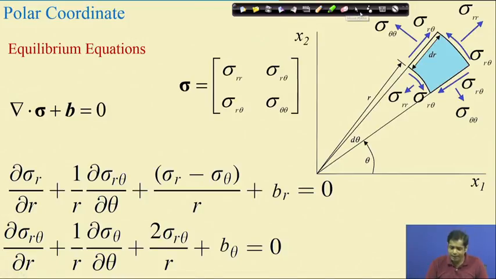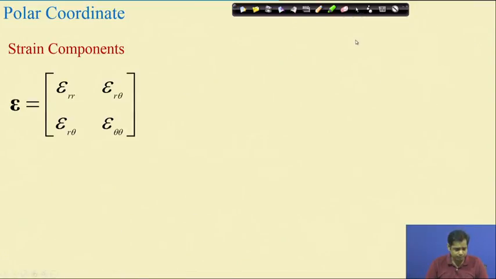Next are the strain components. Similarly, these are the three strain components: epsilon r, epsilon theta theta and epsilon r theta. Again, depending on whether it is a plane strain or plane stress problem, we may have strain in the z direction. For instance, for plane stress problem, we can have strain in z direction, but in that case, that strain component can be obtained from the other strain components.